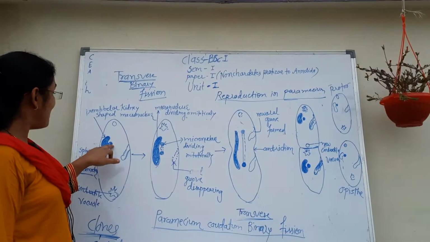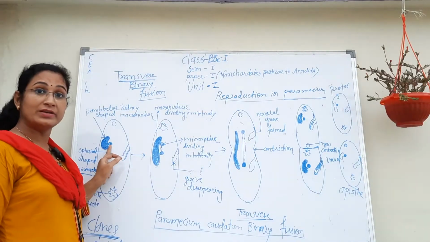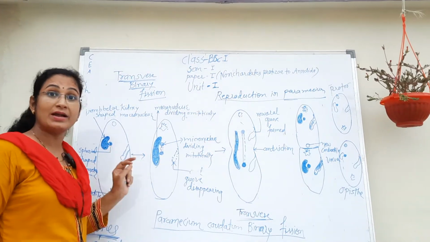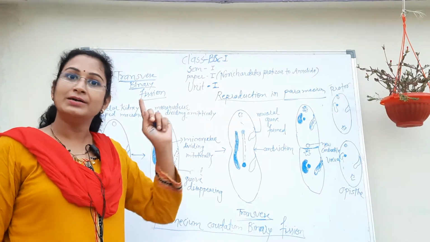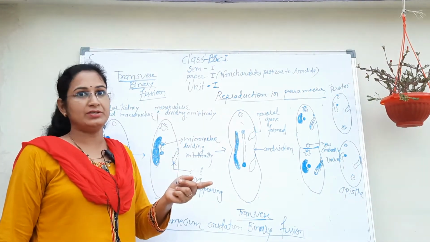The small spherical micronucleus divides mitotically at the beginning of transverse binary fission.